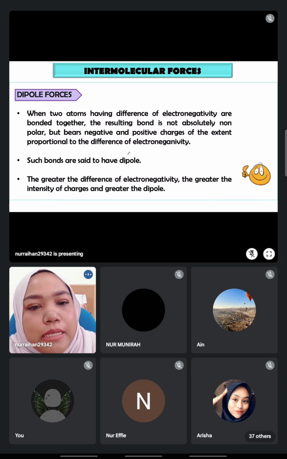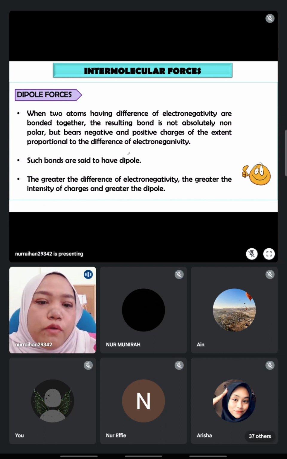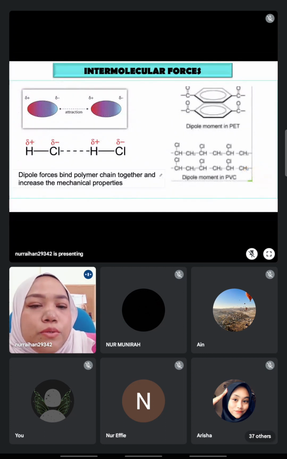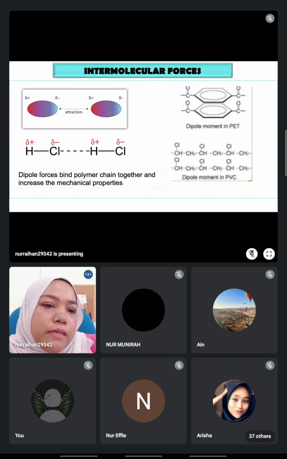And this bonding is known as the dipole forces. So the greater the difference of electronegativity, the greater the intensity of charge and the greater the dipole. For example, between this HCl.